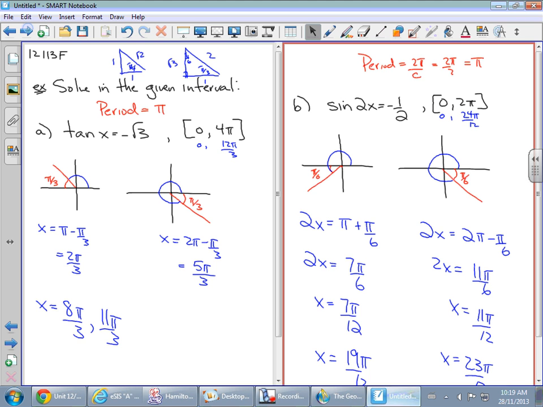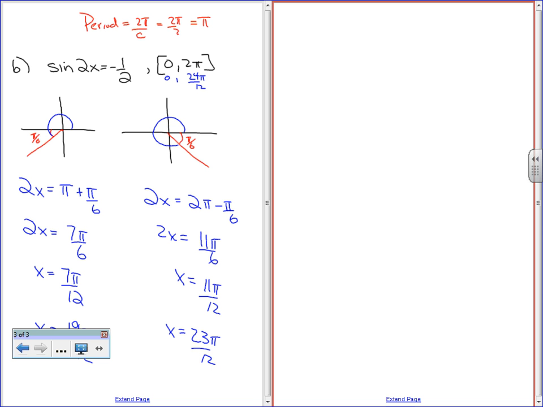Okay, now let's get on to trig equations with quadratics.